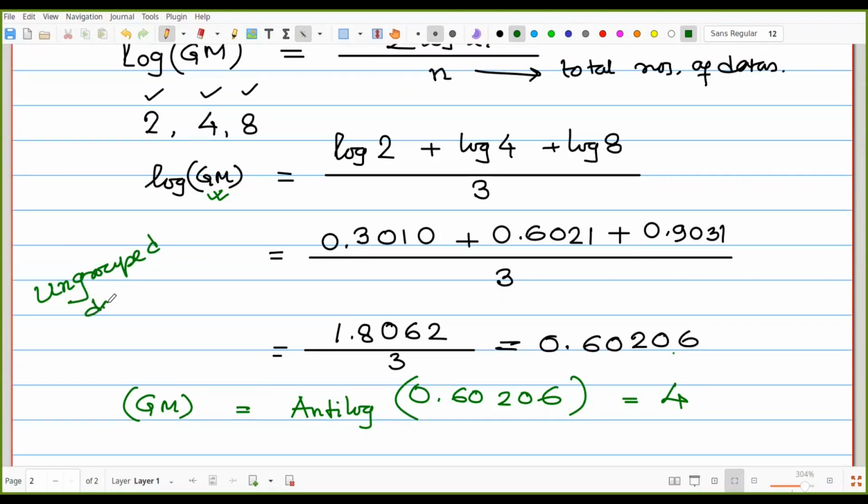And once again, that is based on the ungrouped data. That means whatever we have found out here is based on the ungrouped data, not the grouped data. Okay.